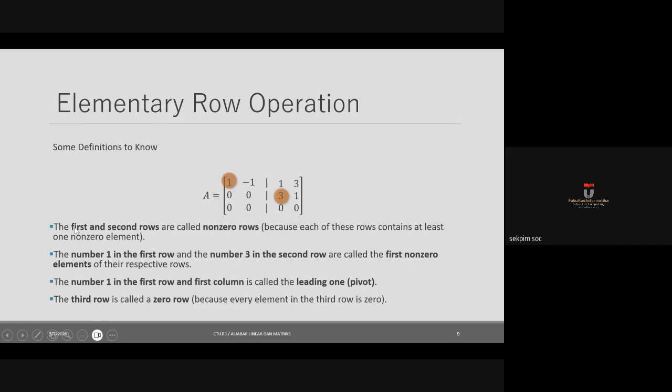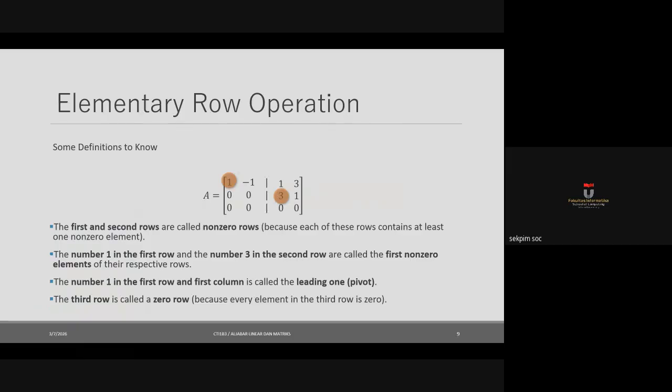Okay, so this is the first and second row. In the first and second rows here, we have non-zero rows, as they are called. And in the third row of the matrix, all elements are zero, so we call it a zero row. The number one in the first row and the number three in the second row are called the first non-zero element.